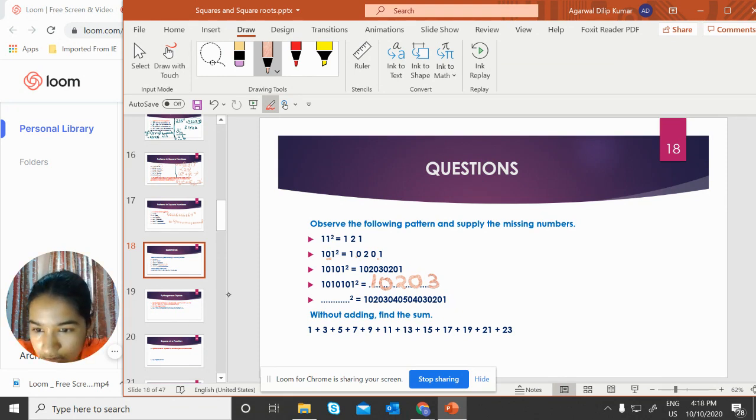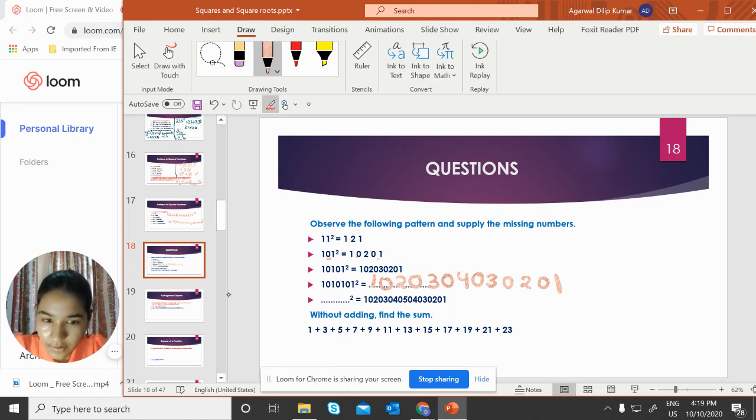If you have 3 zeros, there will be 6 zeros. 1, 2 are over 0, 4, 0. 4 zeros are over 3, 0, 2, 0, 1. We just increase it in ascending order and then descending.